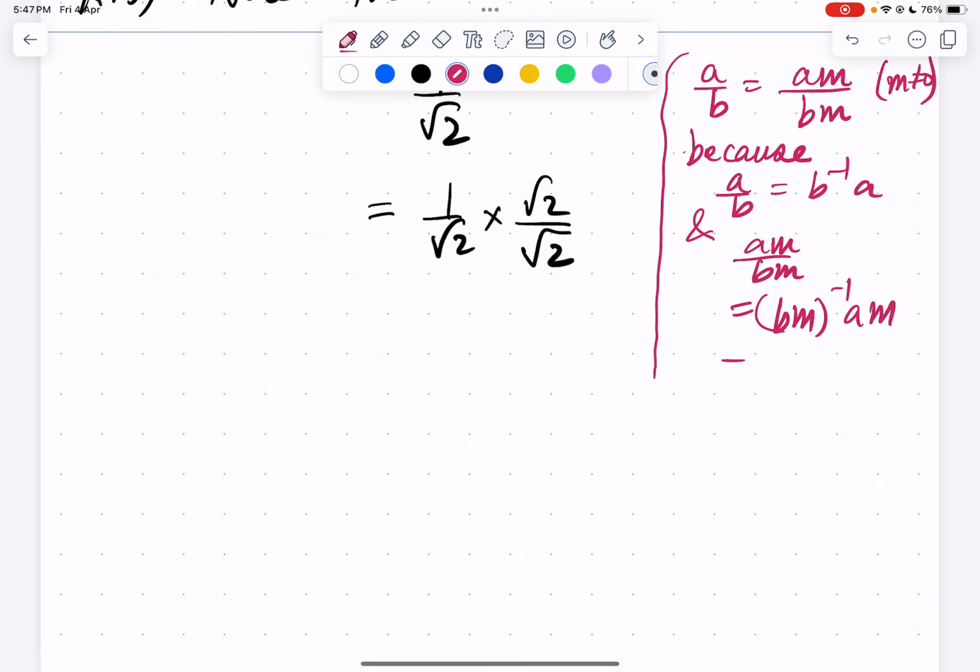So bm inverse we know is b inverse m inverse, and then am. m inverse and m multiply to 1. So this is also b inverse a. Hence a by b is am by bm.